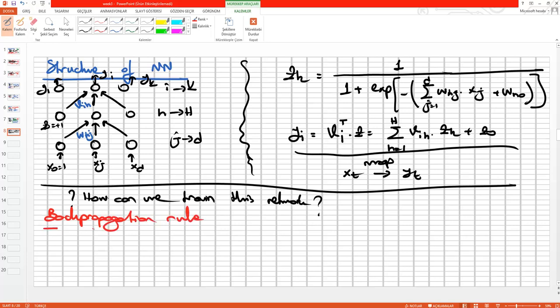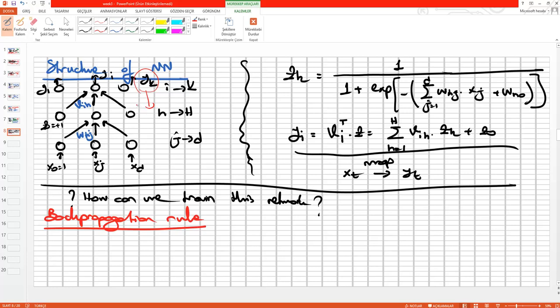Okay? What is the backpropagation? Backpropagation means that we could minimize the error, to propagate all the errors to the back. For example, if we have any error in here in the output, this error propagates in the backward position to minimize this Y error.